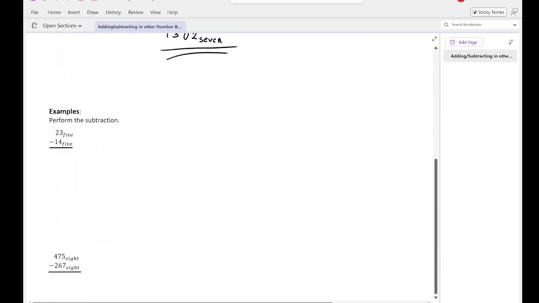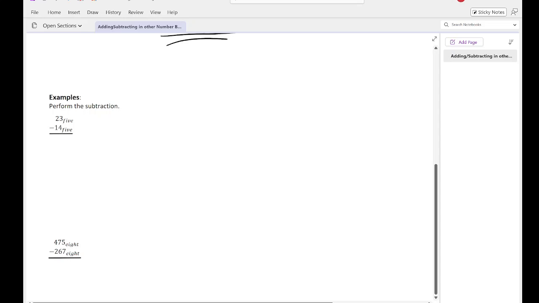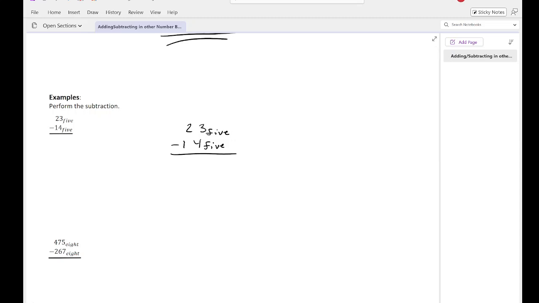So let's look at subtraction now. Subtraction, again, we handle subtraction like we normally would in our own base system. So 2 3 base 5 minus 1 4 base 5. So 3 minus 4, we can't do that, because the top number is smaller, so we have to borrow 1.